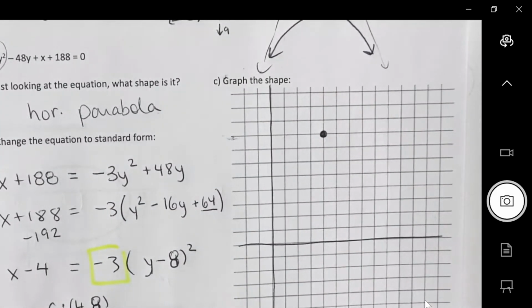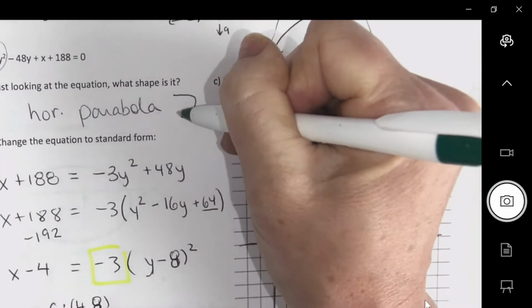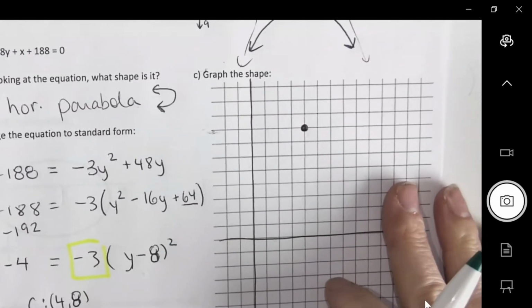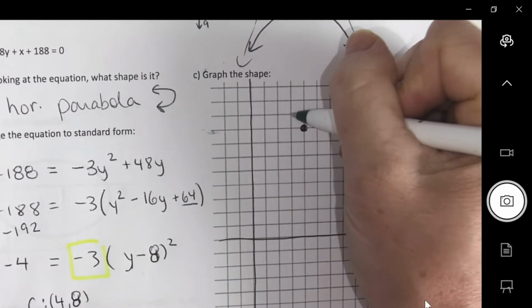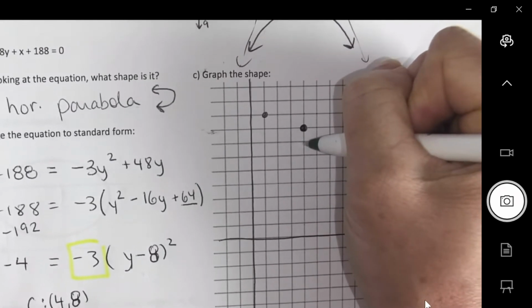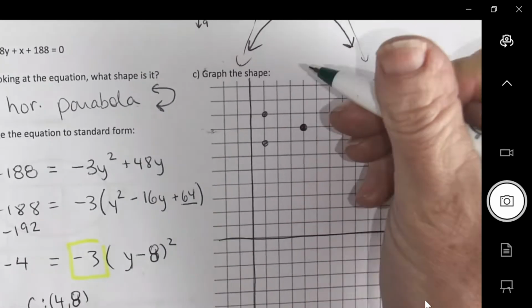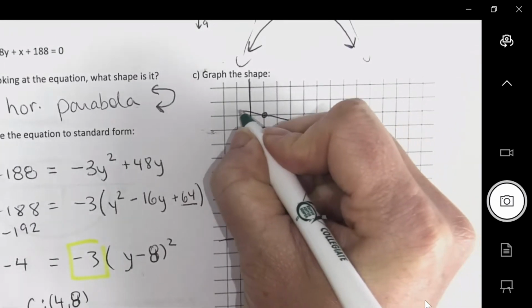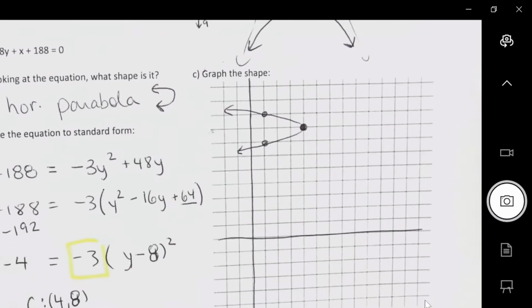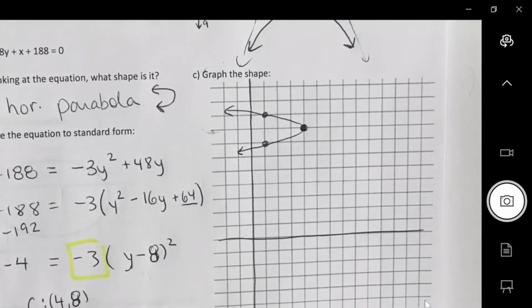Negative 3 means it's going left. So I'm going to do this. 1, 1, 2, 3. 1, 1, 2, 3. And that's good. I just need you to put 3 points on there. As long as you have that.